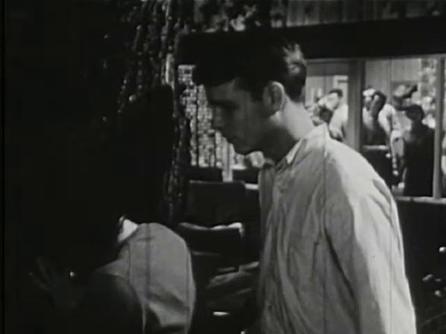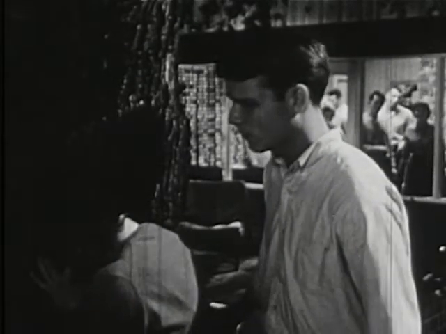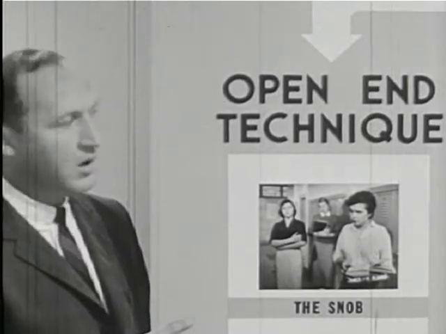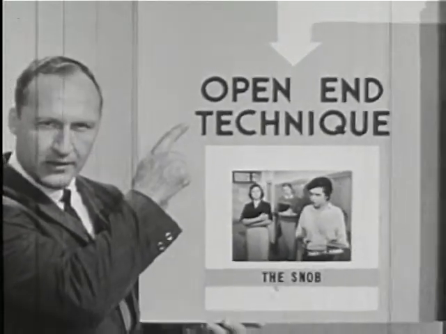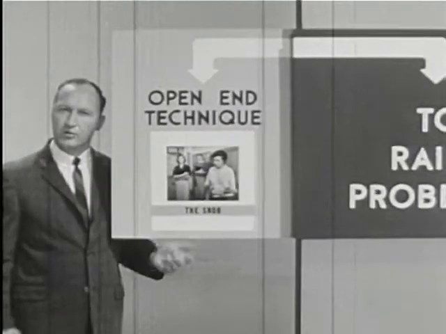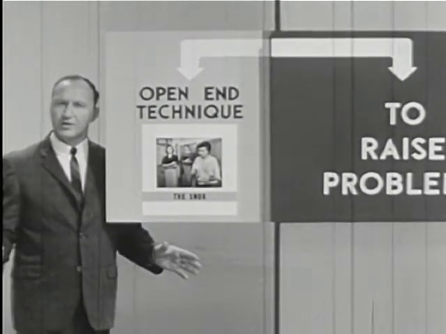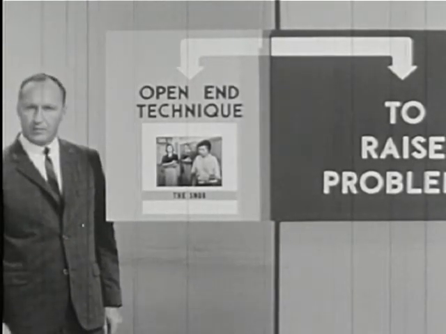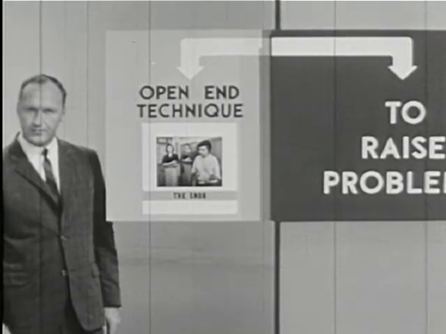What do you think? The special technique of the dramatic film designed to raise problems is the open-end technique: the unresolved situation or the unanswered question that grows out of a dramatization, something to provoke discussion and an exchange of thoughtful opinion on problems which affect your students.